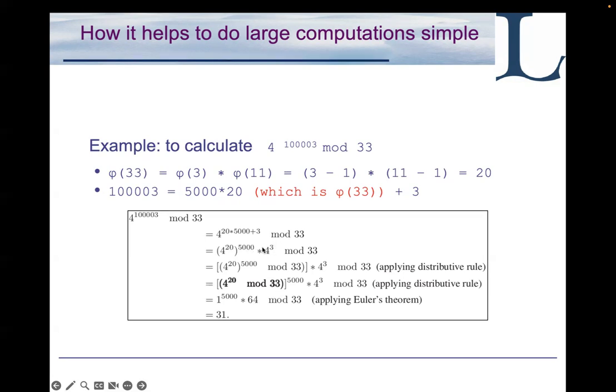Then this is a small number, so you leave it alone for a moment. Due to the property of modular operations, the so-called distributive rule, you split this into two modulo operations, one for the large exponentiation and one for the smaller exponentiation.